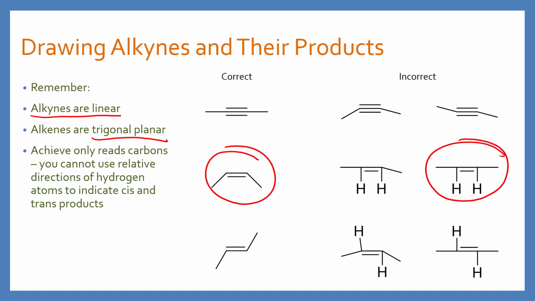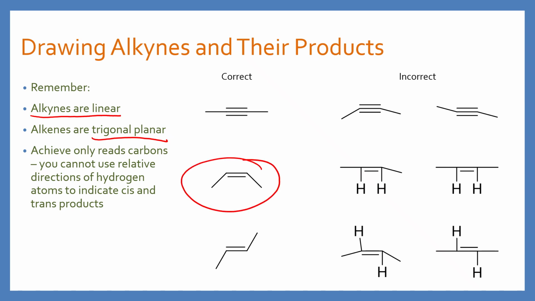So make sure that if you are drawing a cis alkene, that you are showing that with the carbons and not with hydrogens. And if you're drawing a trans alkene, again, make sure you're showing that with the carbons and not the hydrogens. But I wanted to show some examples that I've seen and the frustrations that cause for students. I've seen, again, students start off with the correct linear alkyne, and they try to indicate that their alkene is trans by putting the hydrogens trans.